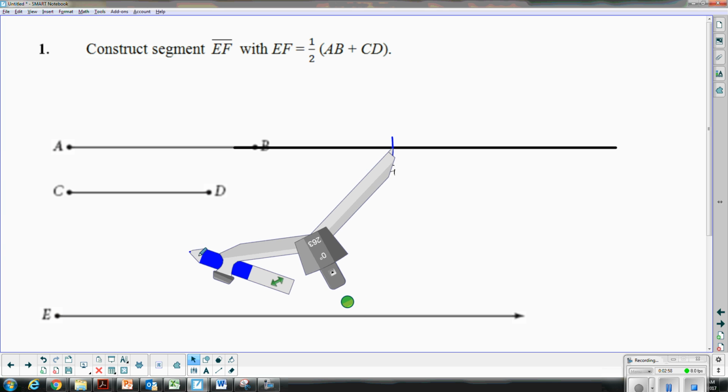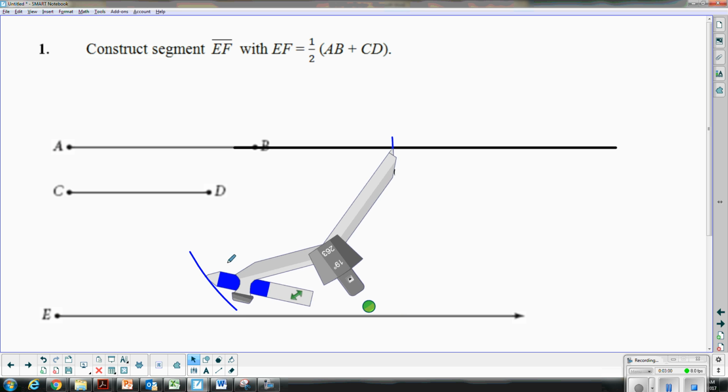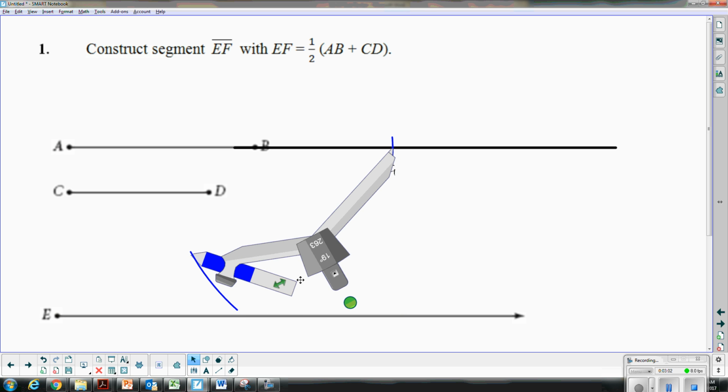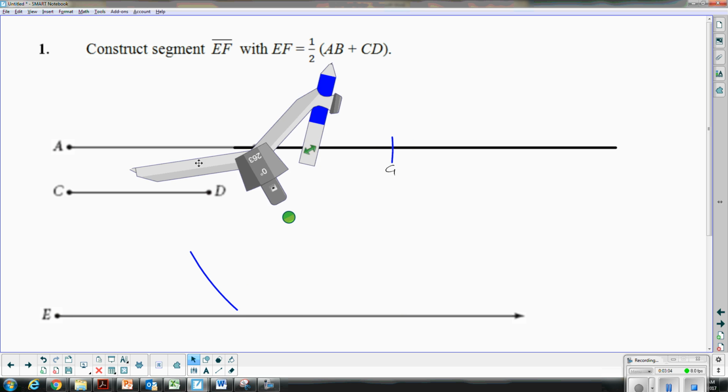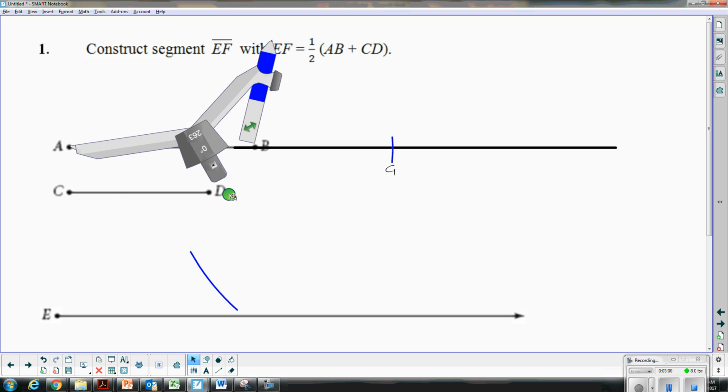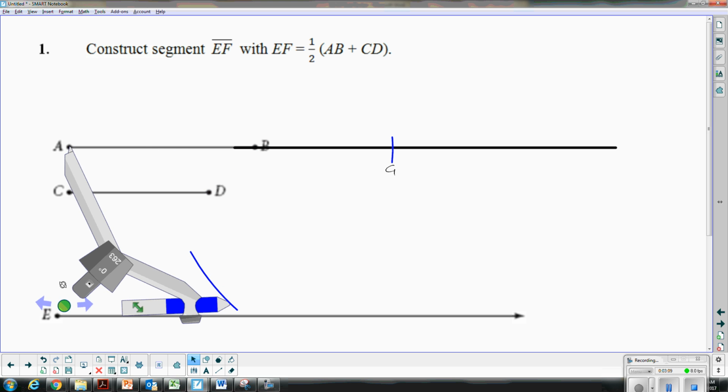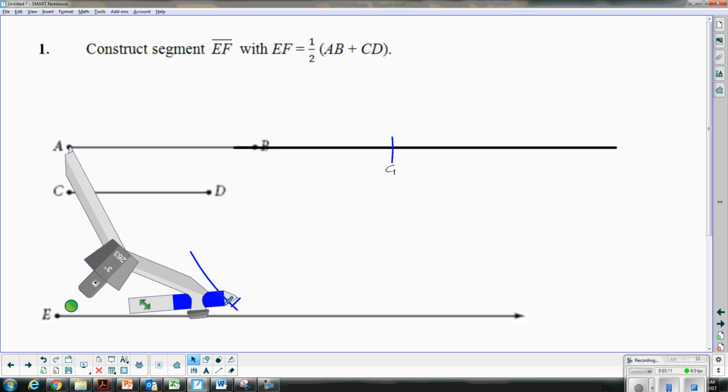Any point that's equidistant from my endpoints is on my perpendicular bisector. It doesn't really matter if you work above or below the segment. So here's 1 point on my perpendicular bisector. That's not enough. I need 2 points.